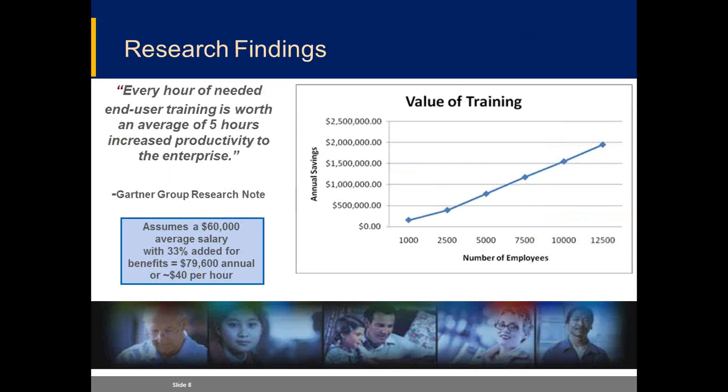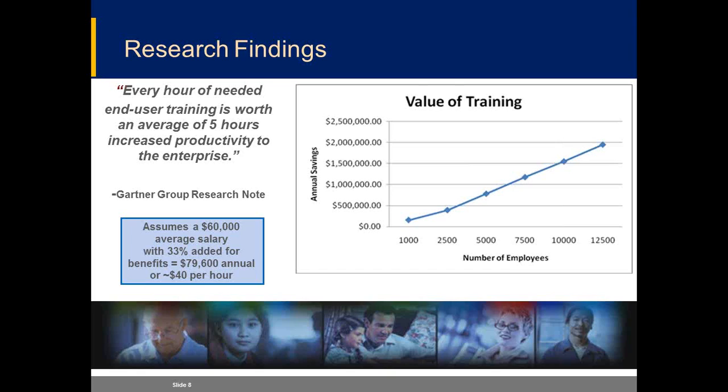All right, again, to support your findings, we want to cite, we know about Gartner, IDC, the AMR, et cetera, and we want to cite them and build our business case. So here's an example that every hour of training is worth 5 hours of increased productivity. So that's a net of 4 hours, and we make assumptions here.